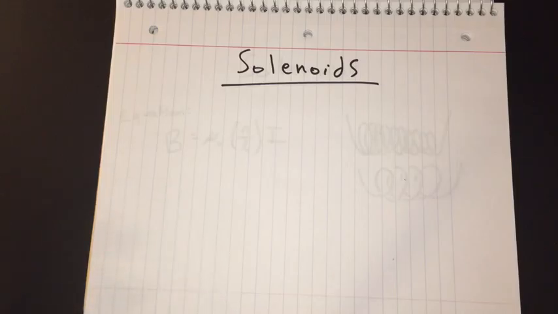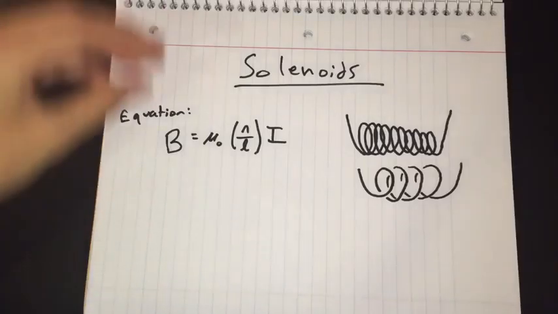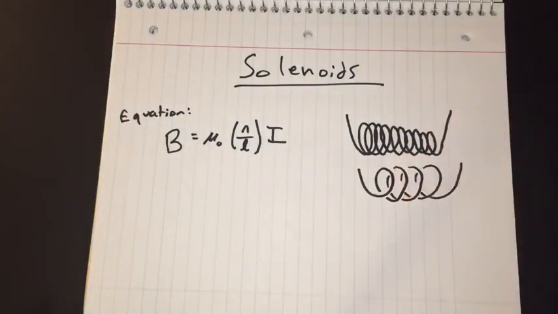They're not things that appear in nature, but they're things that are manufactured for the specific purpose of having these constant magnetic fields. A solenoid looks somewhat like this.